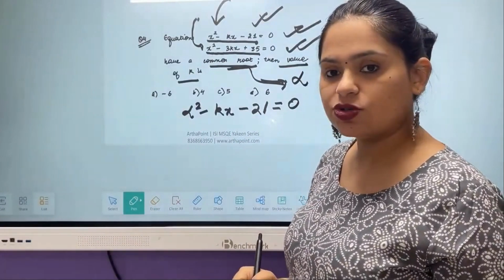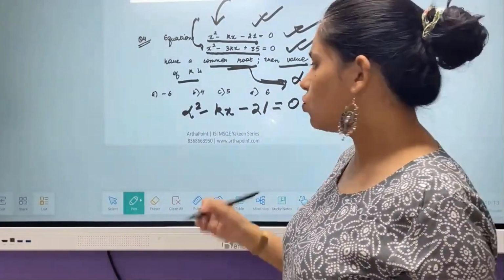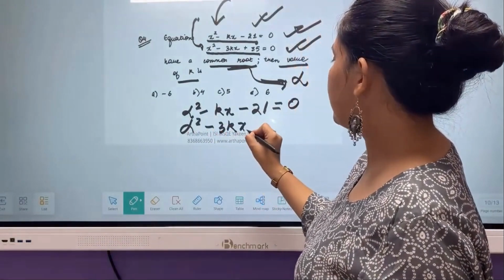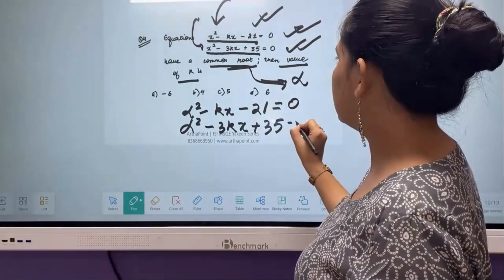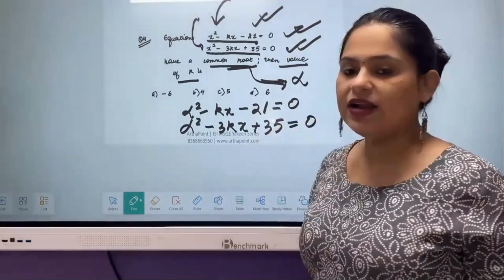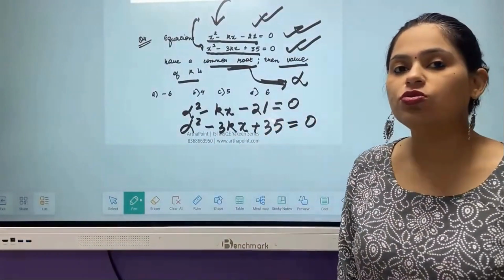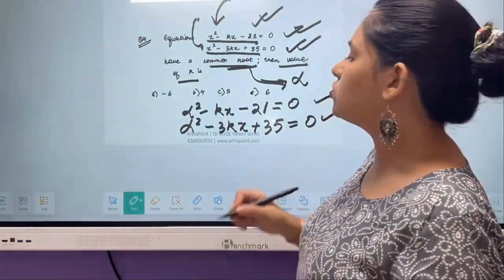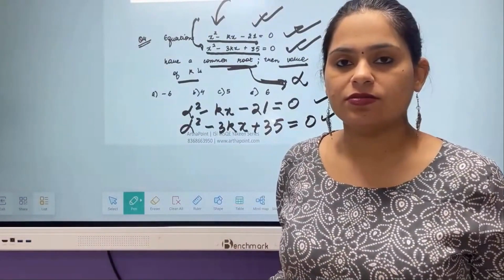That's the first equation. And alpha square minus 3k alpha plus 35 is also 0. Let alpha be the common root. एक ऐसा नंबर जो इन दोनों ही इक्वेशन को सैटिस्फाई करता है वो अल्फा है.